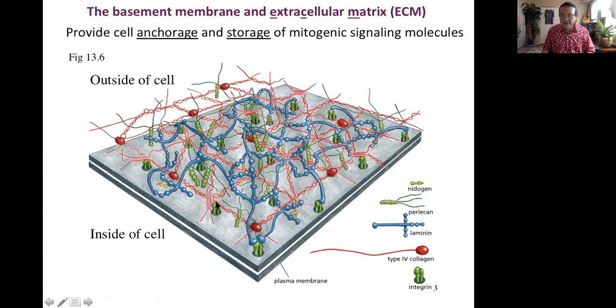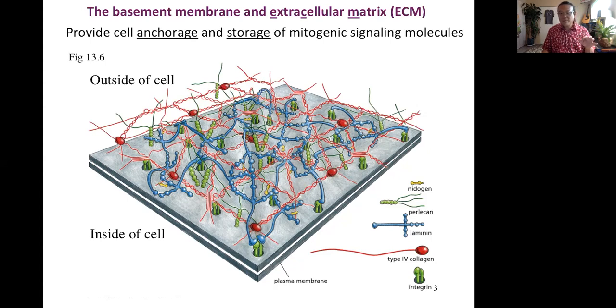Once it binds the basement membrane, that encourages the shape of the integrin to be altered, so that on the inside of the cell, the part of the integrin that sticks in the cytoplasm will reflect the fact that it's detecting the basement membrane proteins out here. That would encourage signals to be sent to the nucleus, allowing this epithelial cell to know that it's properly attached to the basement membrane, and therefore it should focus on being a fully differentiated cell and not worry about going into senescence or taking a break into G0.